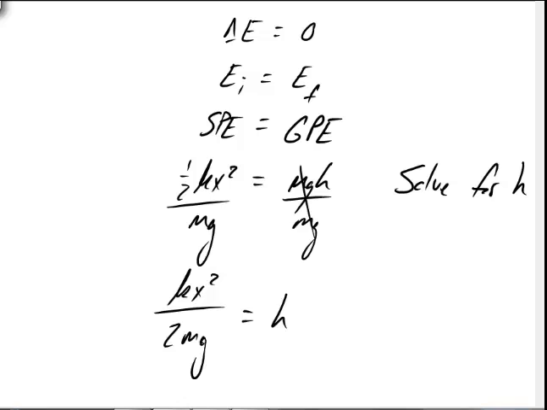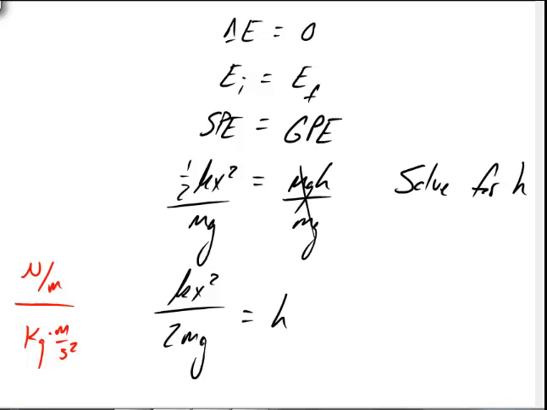That seems like a very strange, complex equation, and it is. The way to verify this, of course, is to check out the units. So the spring constant is the Newton over the meter, and mg is a kilogram meter per second squared.